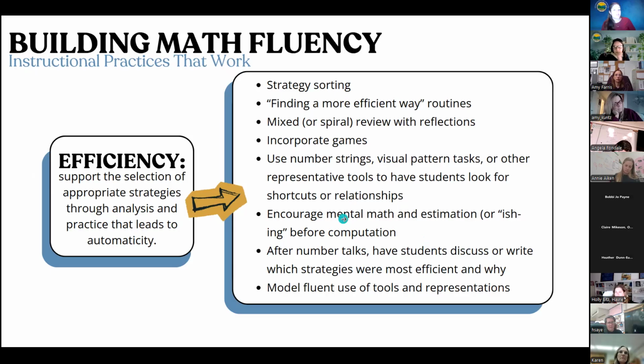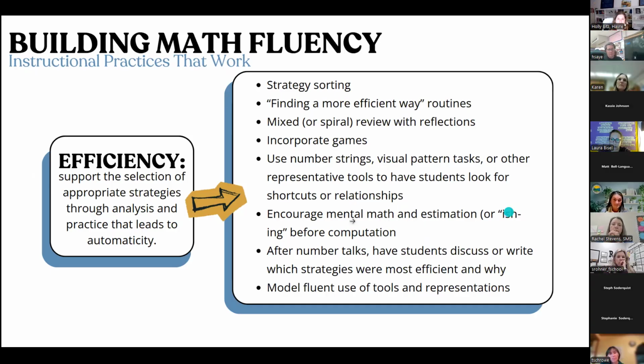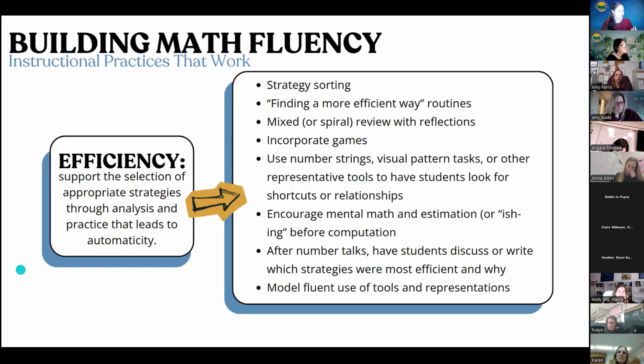Mental math is great for efficiency, but it can be challenging for some of our students. So if you have an emotional component in your classroom that's going to make those mental math tasks a challenge for your kids, ishing, which is a Joe Boaler concept, can help alleviate some of that anxiety. I think Angela mentioned Joe Boaler earlier.